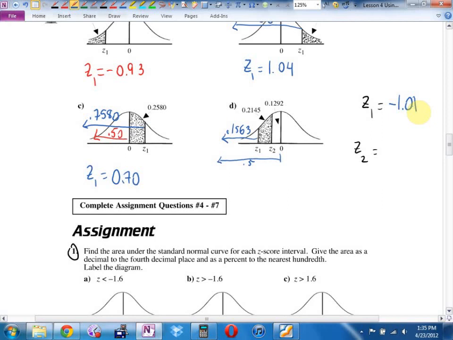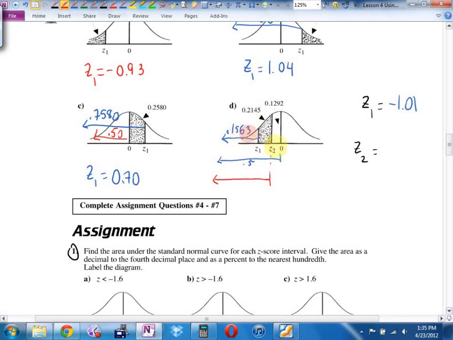Okay. For Z2, I need that area. Let me make that a little clearer. For Z2, I need that area. How big is that area? Well, it looks like it's going to be that plus that.